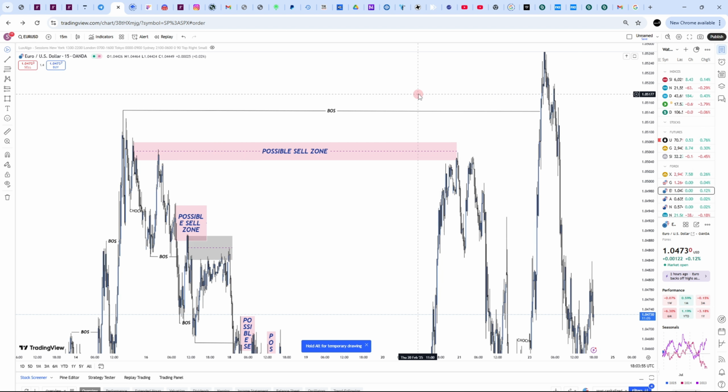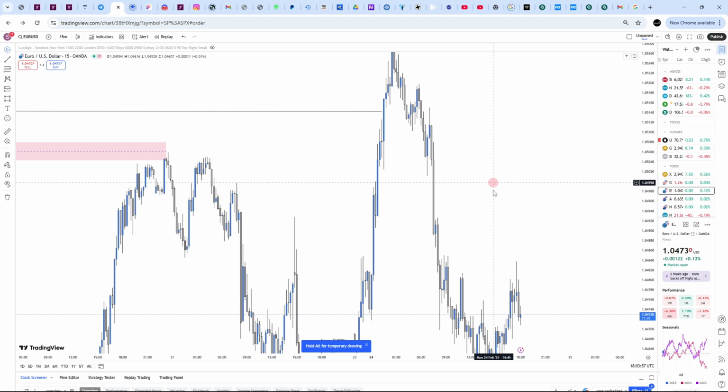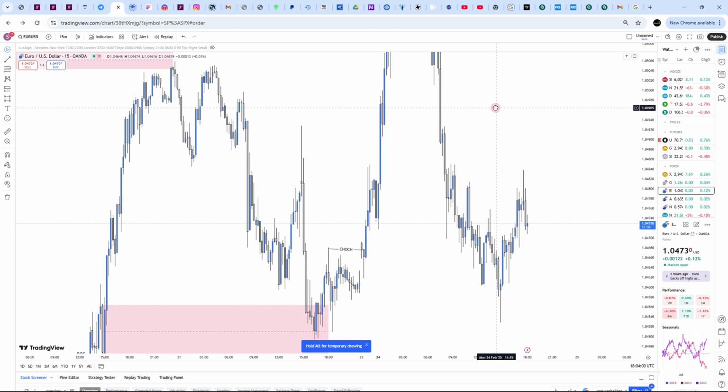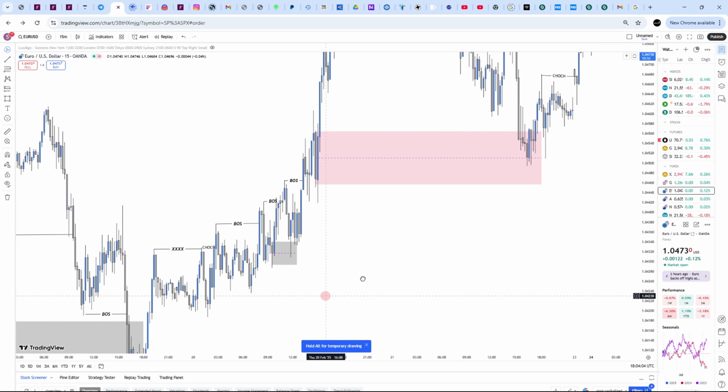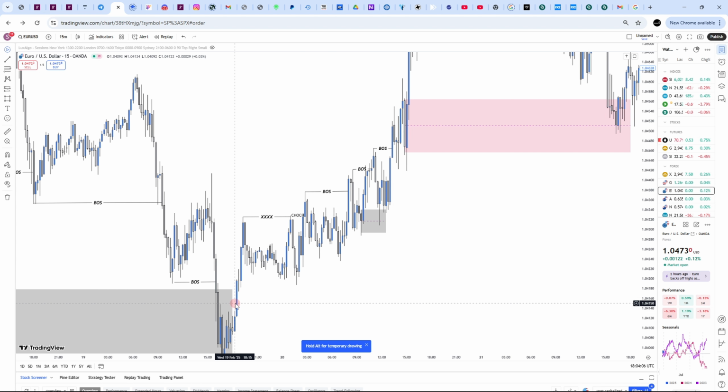So with these teachings, I tell you that we only take trades from those zones where we have seen that the market has changed character or shifted from the direction it was in, by looking at these zones.